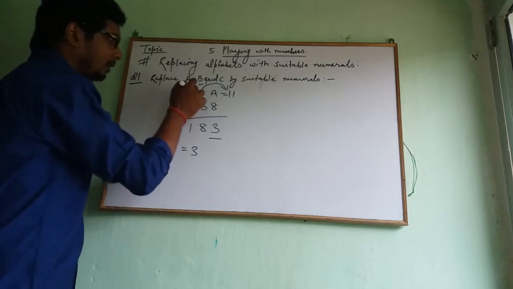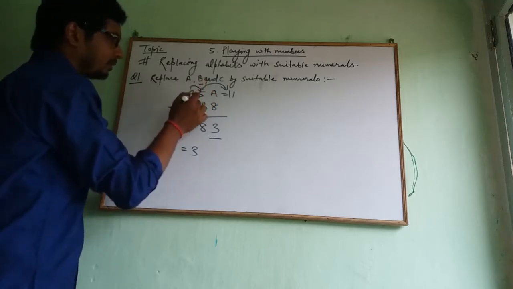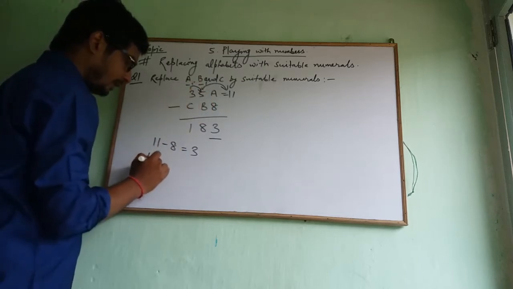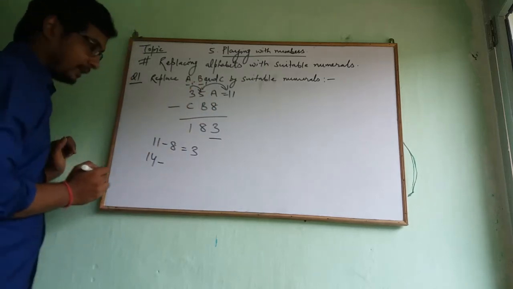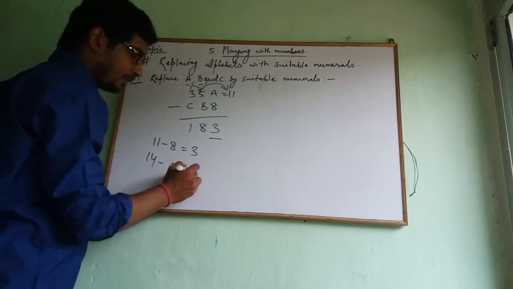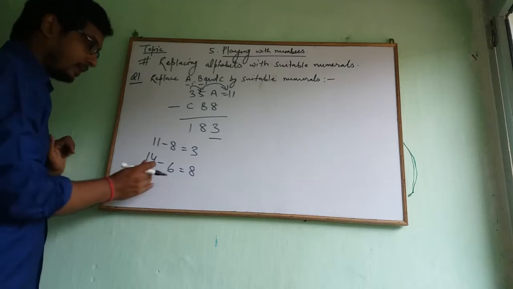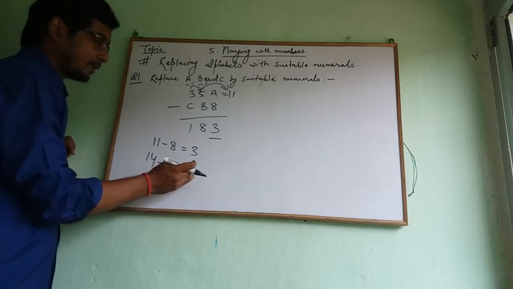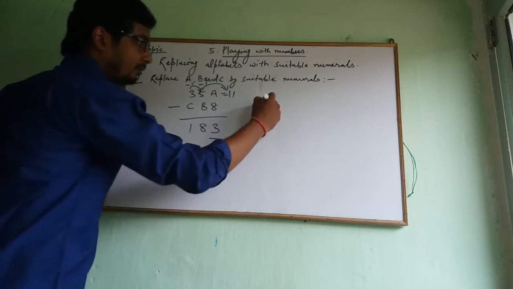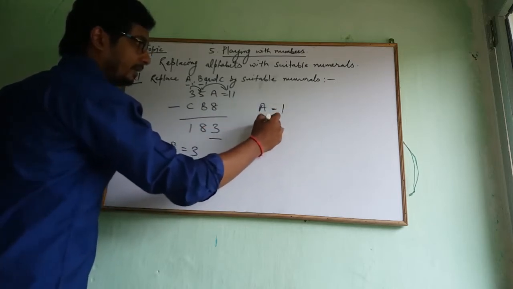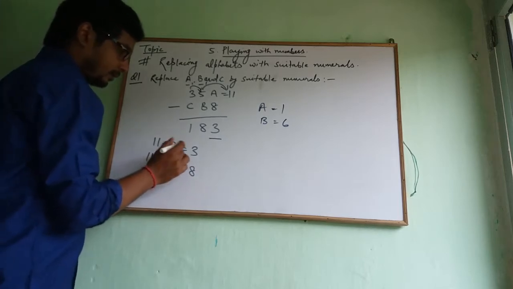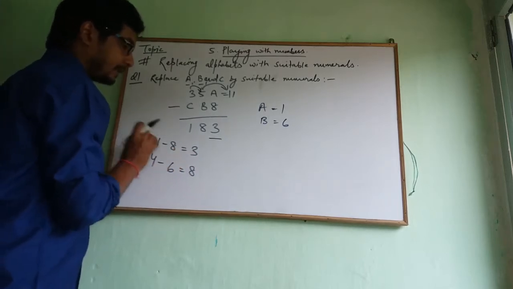If I carry 1 from here also, this becomes 14. So when 6 is subtracted from 14, it becomes 8. So my value of A, I got 1. My value of B, I got 6.